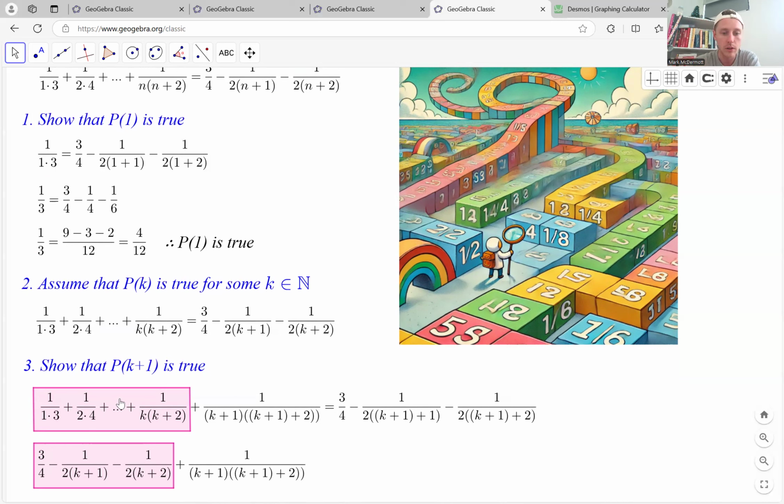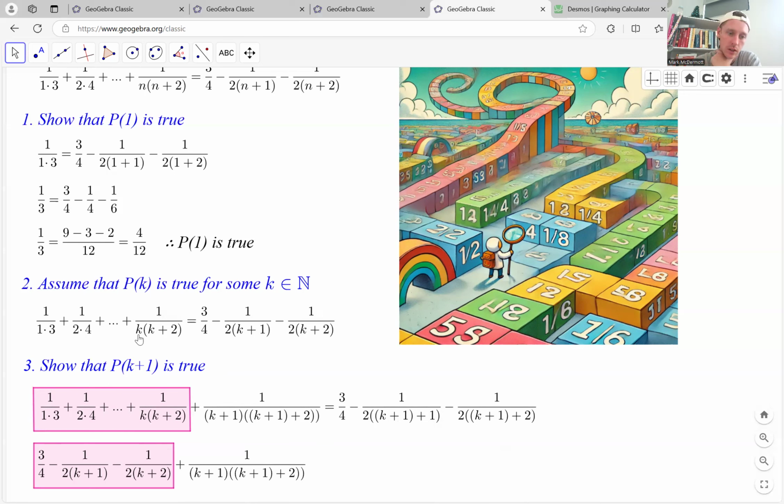And so what we're going to get is this, and this is where it can be a little bit confusing, but let's just look at the left-hand side here. We need to go all the way up to k+1. So maybe ignore the pink box for now, but you'll notice the left-hand side now goes all the way up to k+1. The kth term is now the k+1th term.